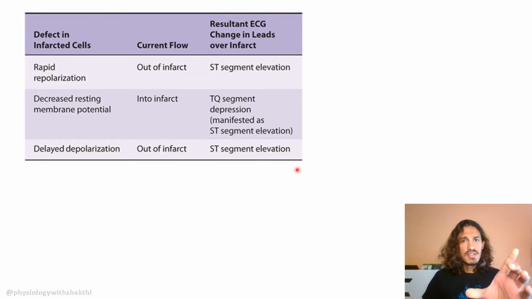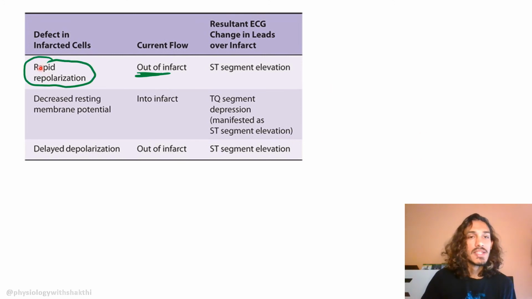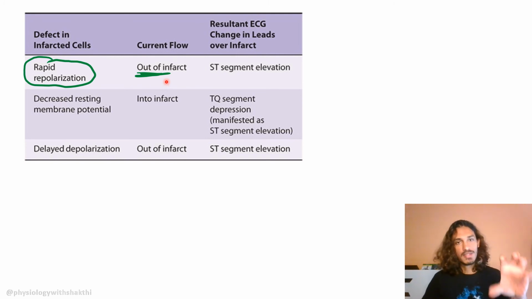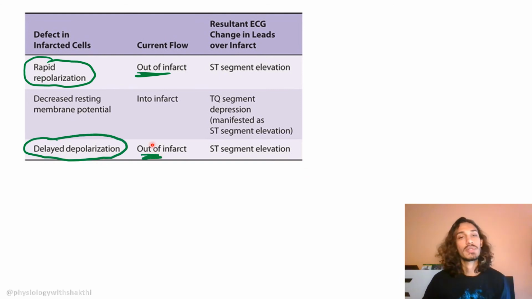This is a table from Ganong's textbook. As you can see, rapid repolarization results in current moving out of the infarct. Ischemia is there, and after that, the cell we are talking about has gone into infarction, and from that infarcted part, the current is going outside. Again, delayed depolarization also results in movement of current outside.